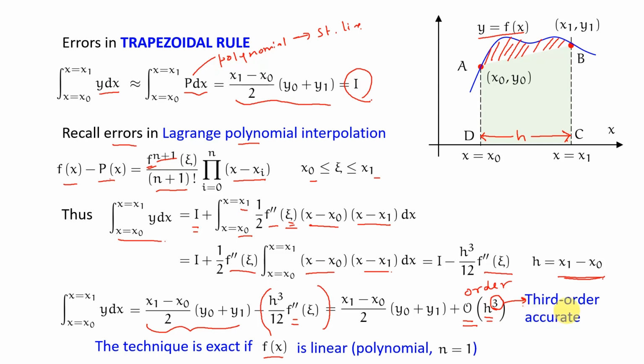So the phrase third order accurate does not make much sense if f is linear. In fact, the evaluation of this integral will be exact no matter what the value of h is, or you can say that error will always be 0 since f double prime is 0.